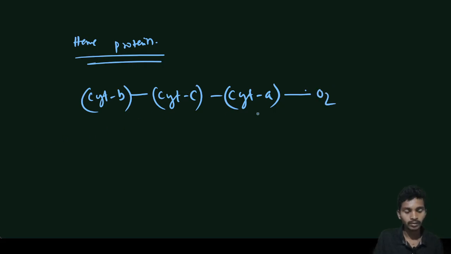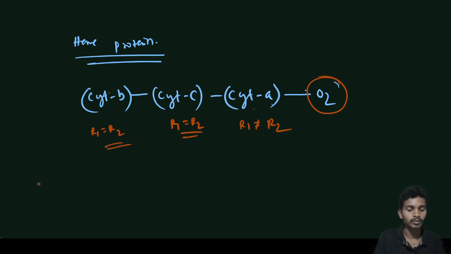So you see that cytochrome A binds to oxygen atoms. Since it is binding oxygen atoms, it is different: R1 is not equal to R2. But cytochrome B and cytochrome C both have R1 equal to R2. Okay.